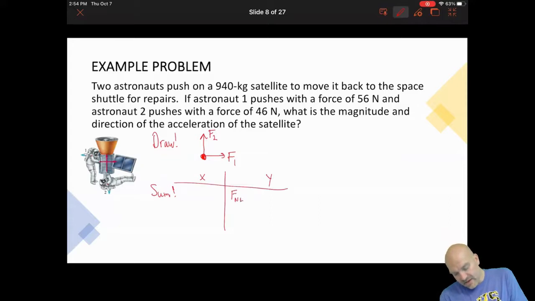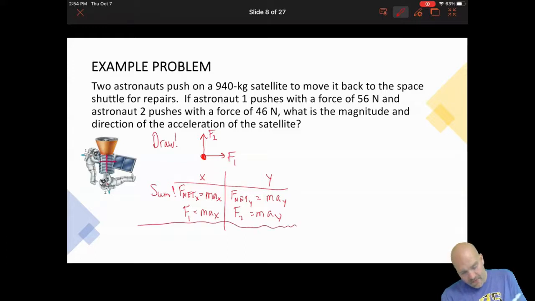So I would say F net y is equal to may, F net x is equal to max. So you can solve this a couple ways, but there's only one force in the x direction, one force in the y direction. So there's my sum step.